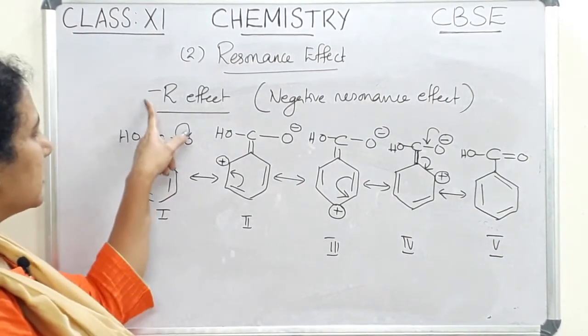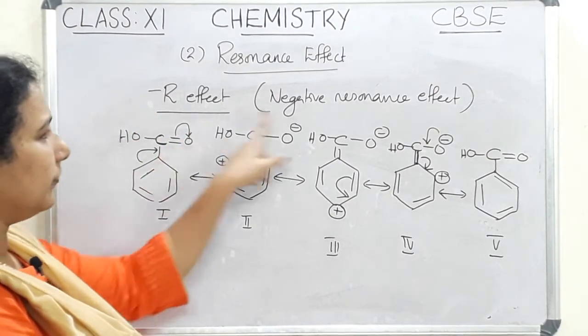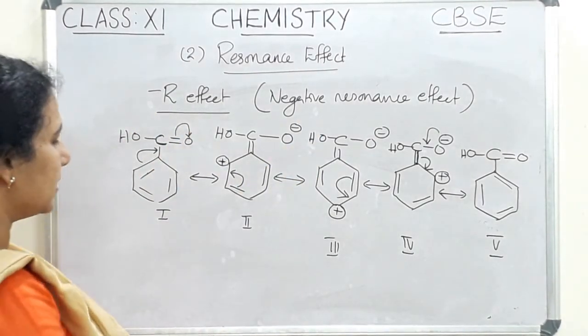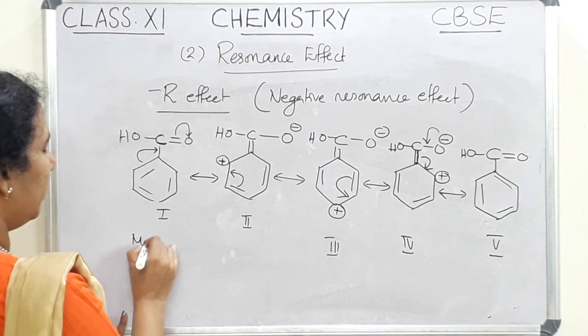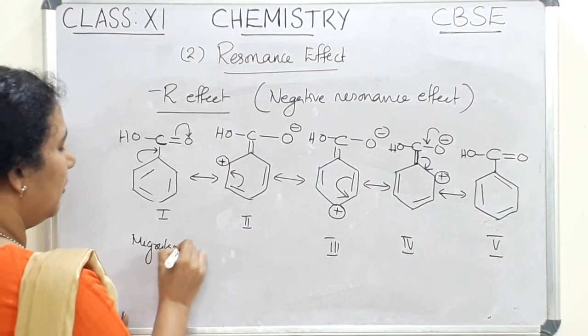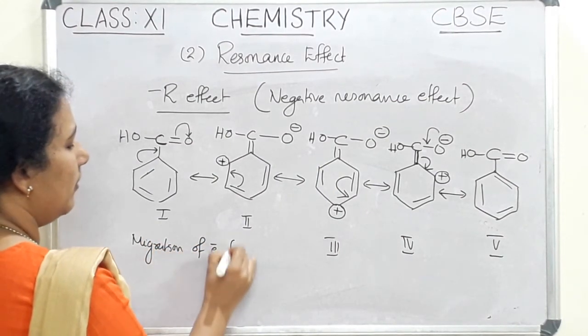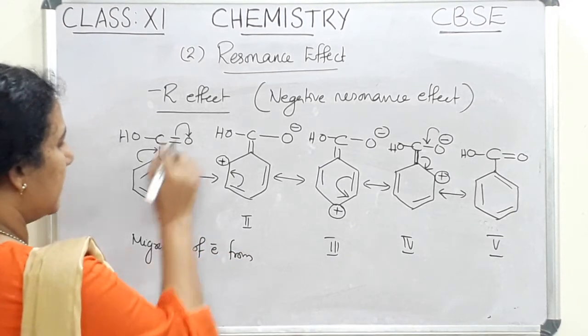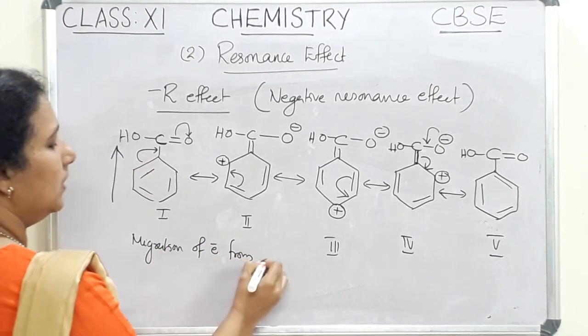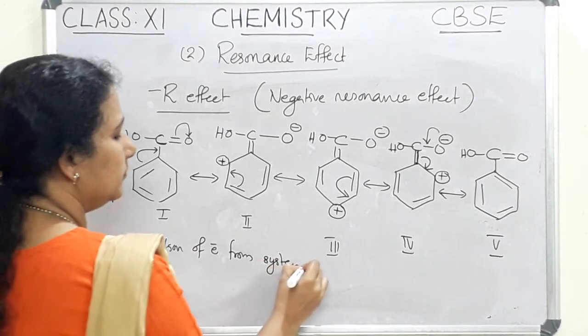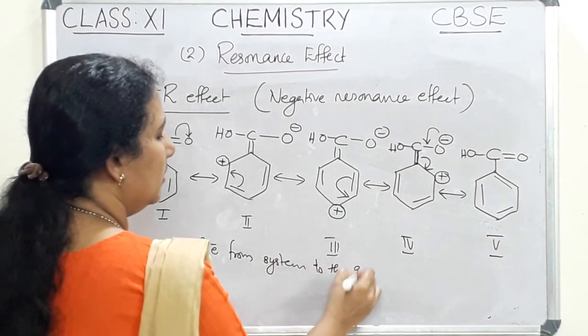Here this is showing a minus R effect, or negative resonance effect, since there is migration of electrons from the system to the group.